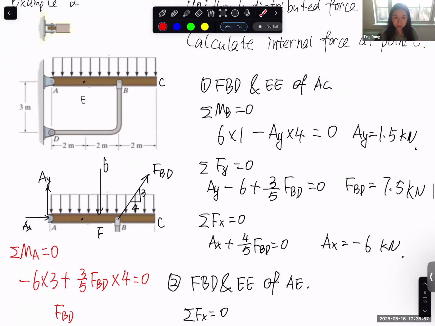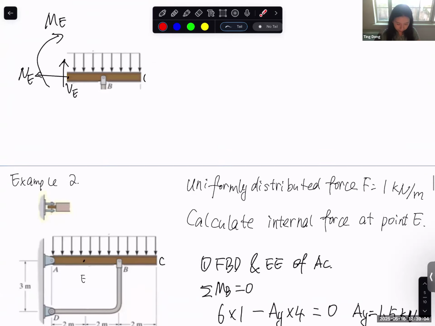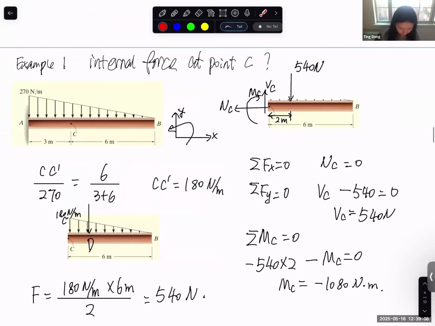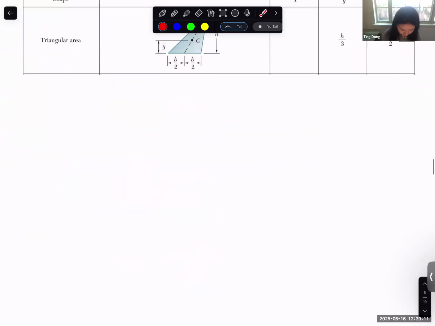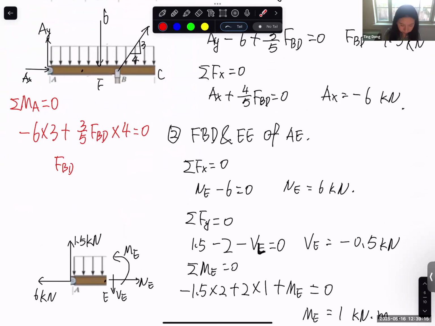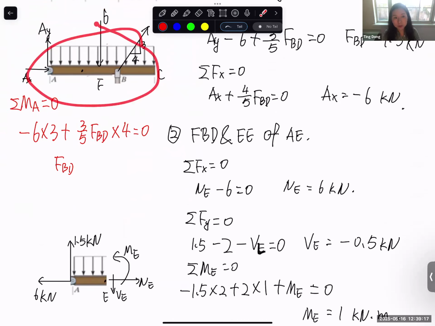Let's think in this way. Whenever you put a force in the equilibrium equation, let's use this one as an example, or it doesn't matter, I can use either case. So let's say for this horizontal bar, AC section, let's say this is A, B, C, D. I use the D point.